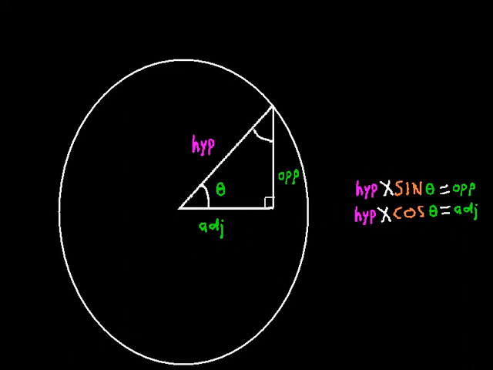Now you can see that if we draw a circle, like I've done here, this is the center of the circle, this orange dot here, and this red dot here is a point on the circle, and the hypotenuse here is the radius of the circle.